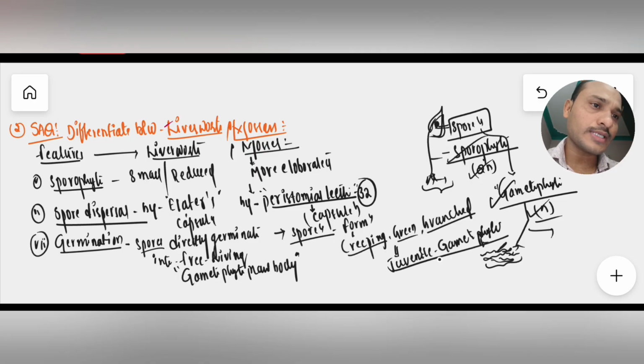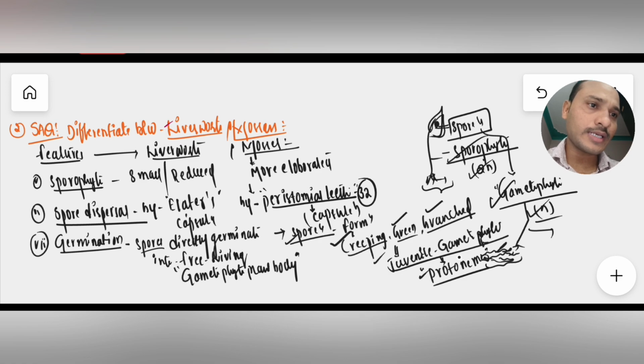The juvenile gametophytic plant body is also known as the protonema. Important: the spores first develop into the protonema, but the protonema itself is not a complete gametophytic plant body. It appears as creeping, green, branched structures and is the primary juvenile, child stage.